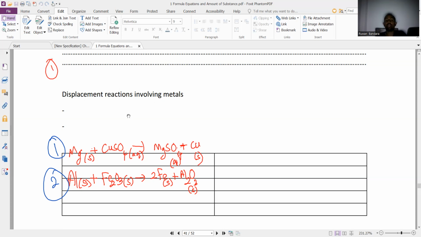Similarities, number one: both the reactions are redox reactions.